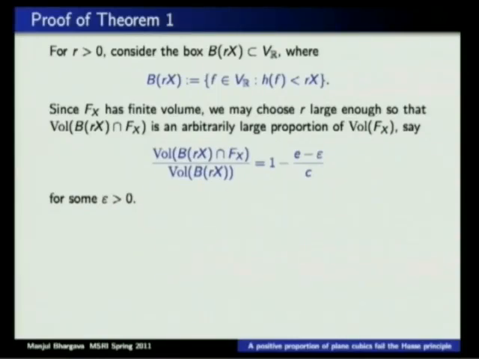So remember, e was the asymptotic for how many failed the Hasse principle. C was the total asymptotic. Okay, so we just want to make it a little bit bigger than 1 minus e over c. So we'll choose some epsilon bigger than 0, tiny, so that this covering by the box intersects the fundamental domain in a proportion that's bigger than 1 minus e over c.